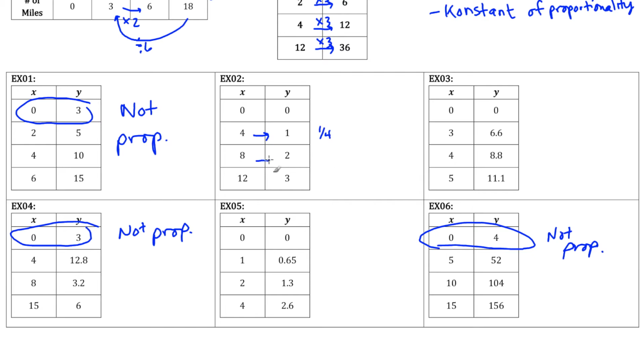This one, to figure out what we multiply by, we do 2 divided by 8. If we don't know what we multiply going to the right, we divide 3 divided by 12. And you will get 0.25, 0.25, 0.25. So this is proportional.